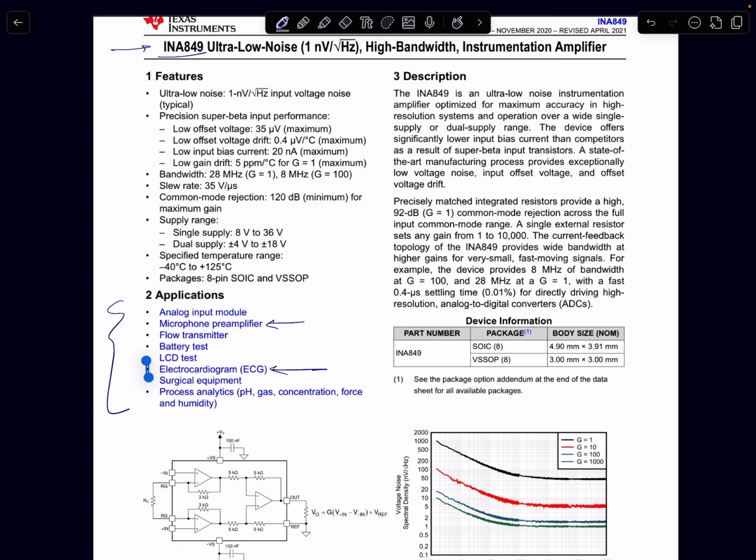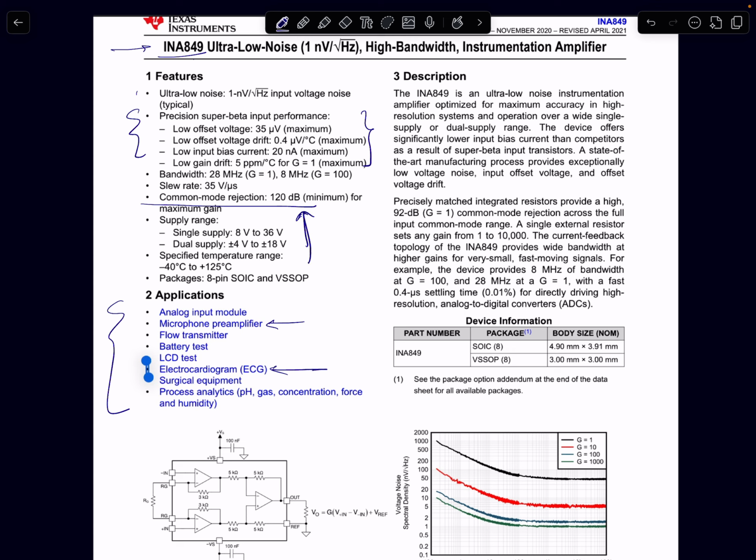And you guys can see here all the offsets and input bias current. So now you know how to read all these specifications, right? Since we discussed all these things for general op-amp based circuits, the same holds true here as well. The interesting thing you can see here is that they have specifically mentioned the common mode rejection ratio.